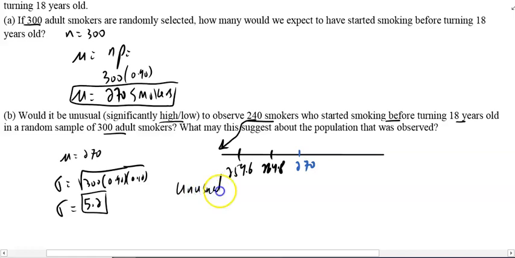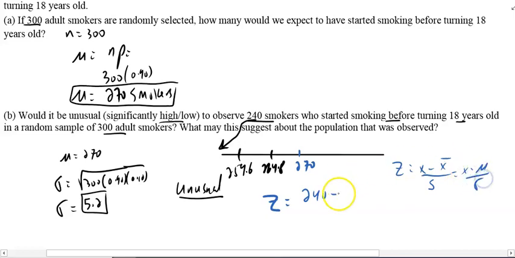There's another way. If you remember, z would be x minus the average divided by the standard deviation. That tells you how many standard deviations above or below the mean that is.